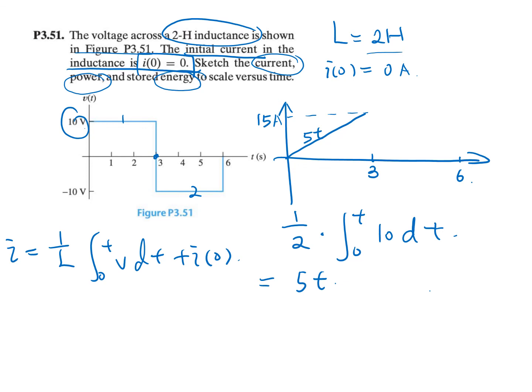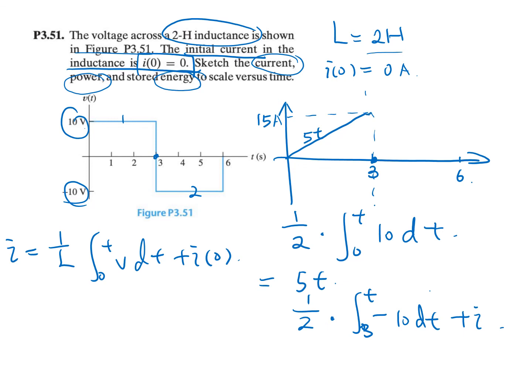Okay. Similarly, we can calculate for the second part. So that's 1/2 times, now it starts from t equal to 3. So from 3 to t, times negative 10, this is negative 10 volts dt, plus I naught.